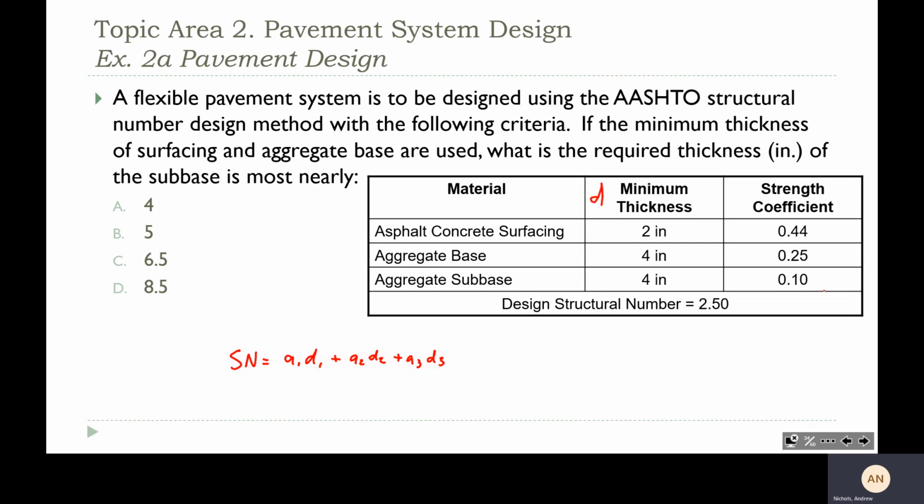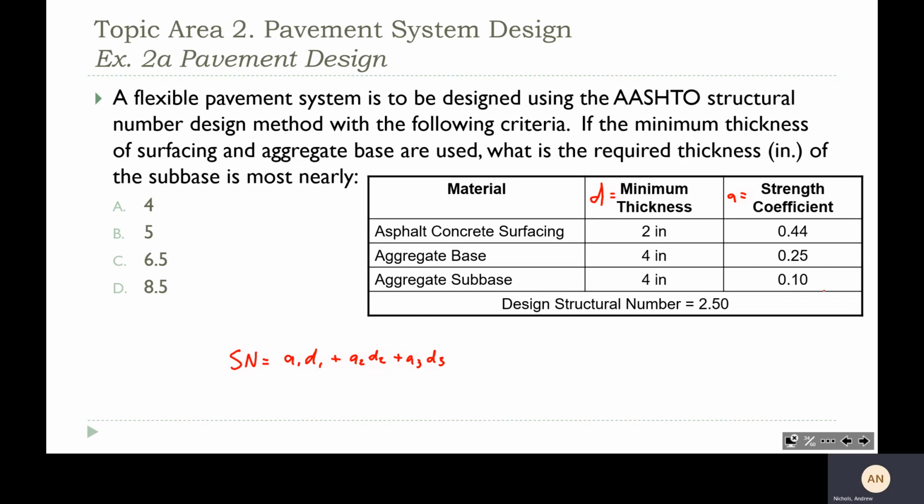So we're going to treat our thicknesses as D. These strength coefficients are A. So what are we actually solving for out of this equation? Yeah, we're solving for D3.